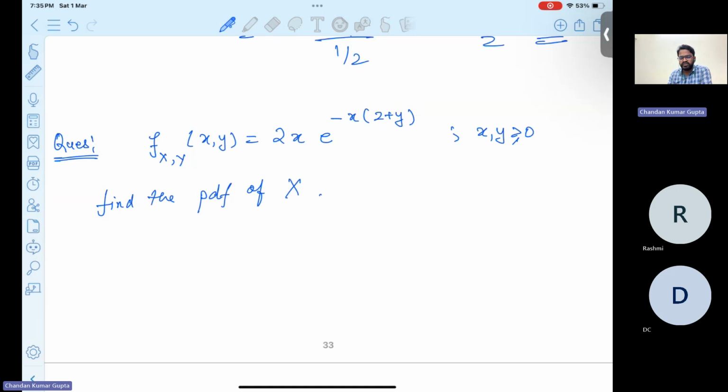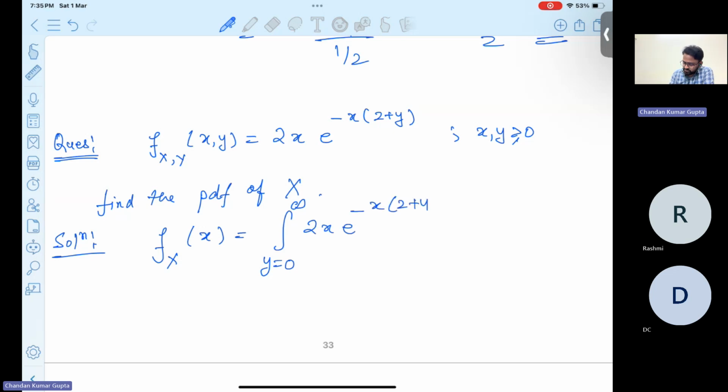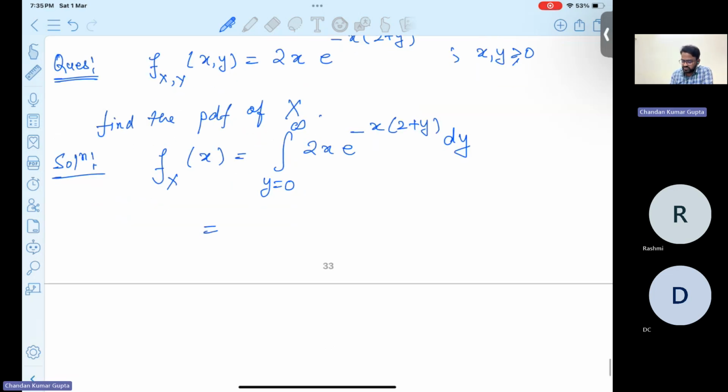Again, we are given the joint, we need to find the marginal actually. This is again a simple integral, taking y from 0 to infinity, 2x e to the power minus of x(2 plus y) dy. Just try to solve it by yourself even.